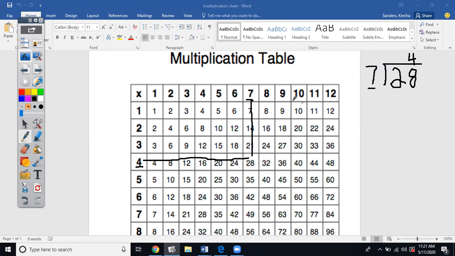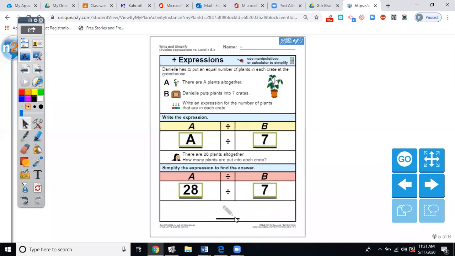See, because 7 times 4 equals 28. 7 times 4 is 28. So we know we have the right answer. Okay, so now we're going to go back to our ULS page and put in 4. Okay, so 28 divided by 7 is 4.